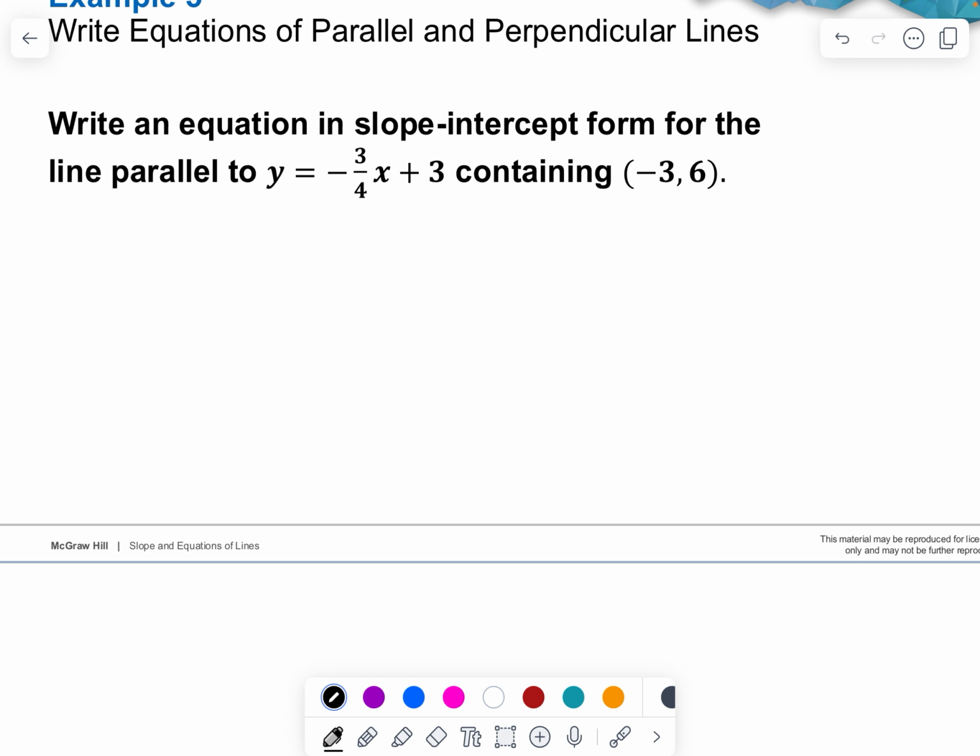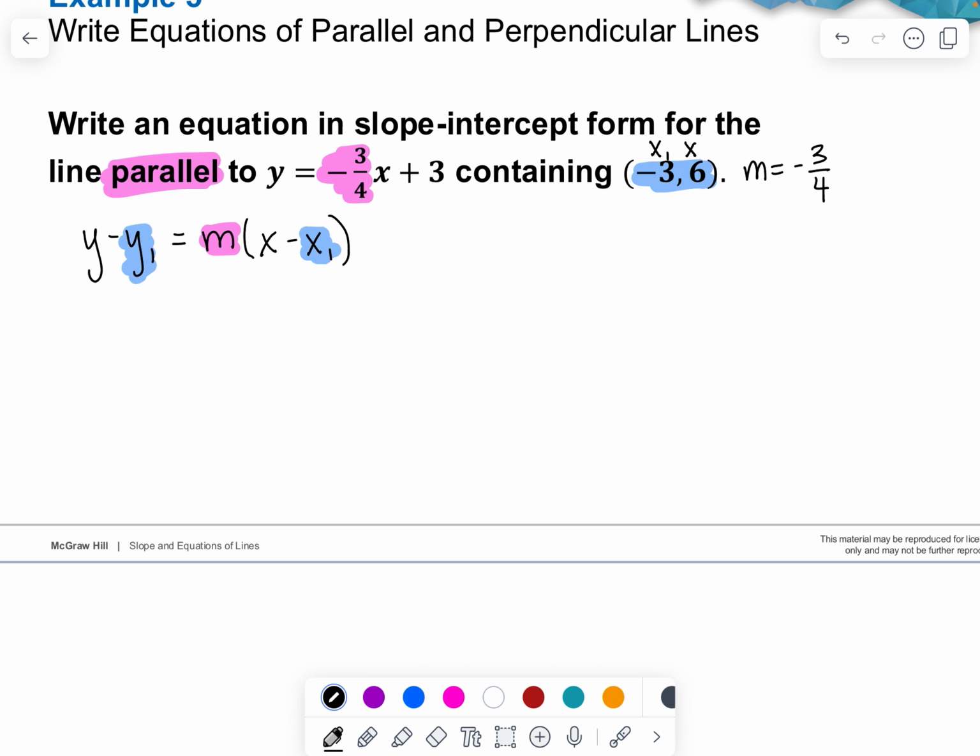So again, we're going to use that point slope where it's y minus y1 equals m times x minus x1, because we've been given a point. We've been given this point, which can go in here and here. All we need is a slope. They tell us it's parallel, which means we need the same slope, so we just need to go pick that slope out. So our m is negative 3/4. Here's our x1, and here's our y1.